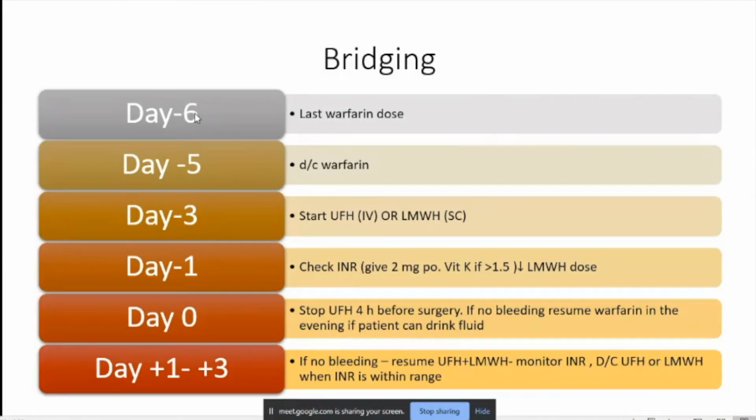Again, remember this: if the physician decides to resume with the new oral anticoagulant after the surgery, we don't have to resume the unfractionated heparin or low molecular weight heparin. Only after surgery, the unfractionated heparin or low molecular weight heparin is given with warfarin, not with new oral anticoagulants. Okay, are we clear? So this is the bridging.